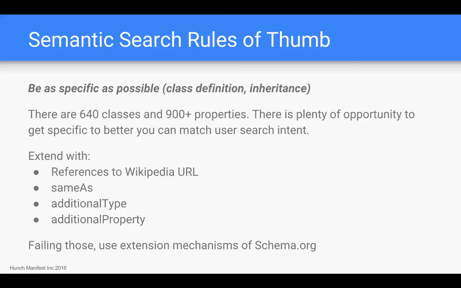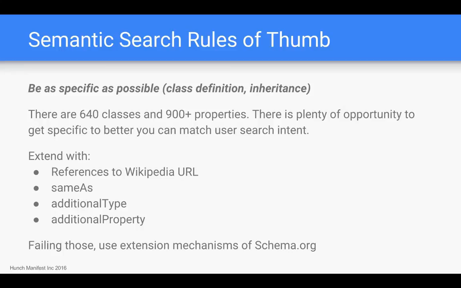If you have multiple properties that you can use as an option for a value, use the one that's related to the most specific class. And I hope I can illustrate that later. But suffice to say, you can also have specificity of your properties as well.